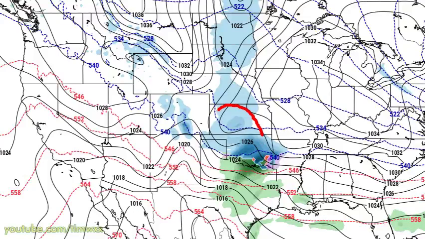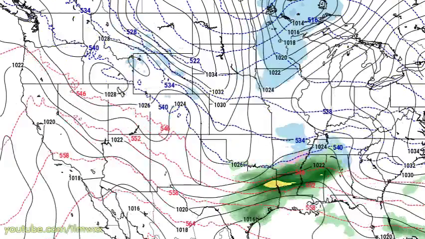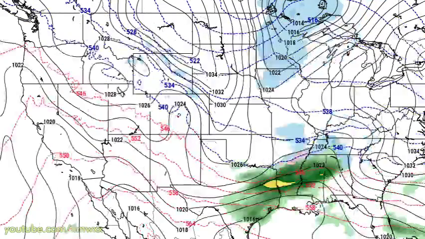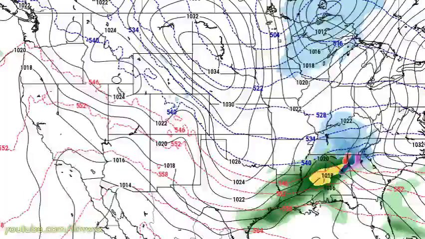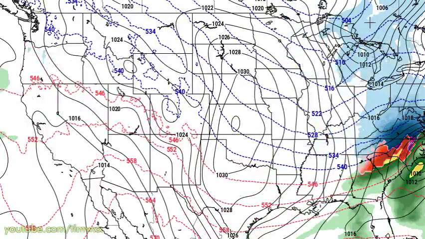And looks like we get a little bit of isentropic lift across that frontal surface as a new system comes through Texas and New Mexico. So GFS going for snow there on Sunday, the 4th through the 5th. And looks like showers for East Texas there on Sunday.